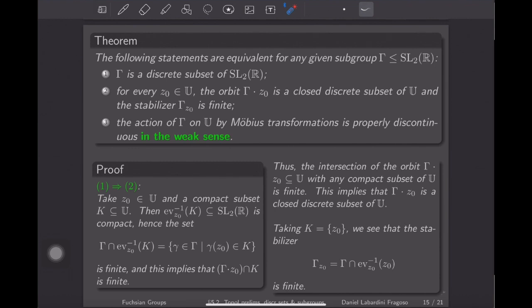So let's say 1 implies 2. So take a point and a compact set. So I know that the pre-image of my compact set under the evaluation map is compact in SL2R.